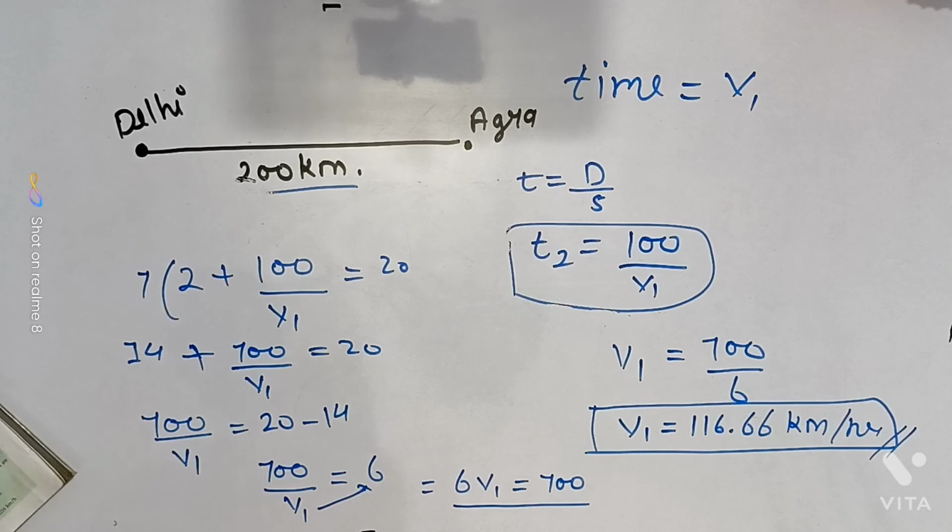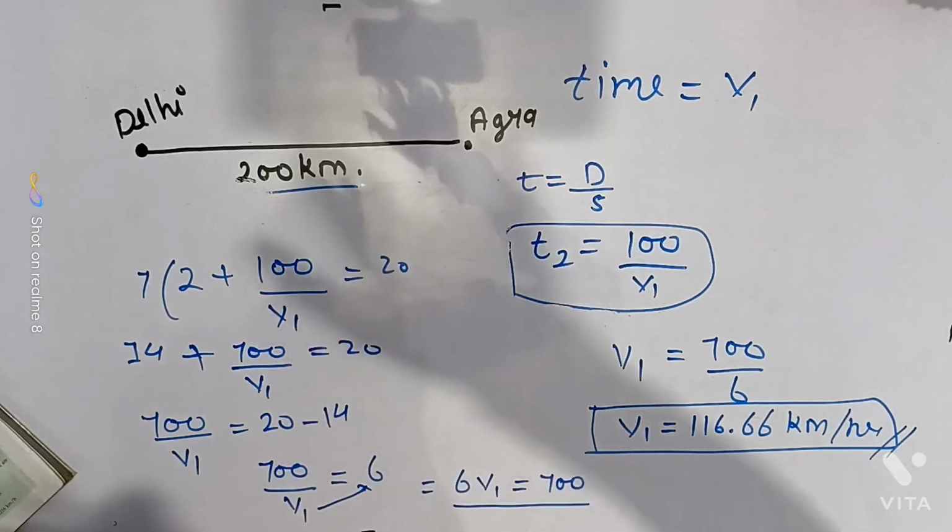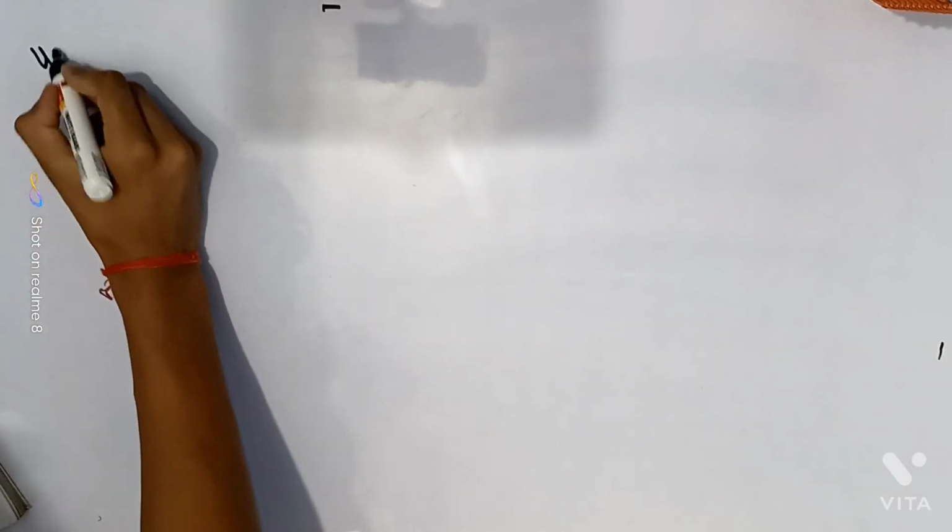So now let's go to the 40th numerical. So friends, the 40th numerical says a train travels the first 15 km at a uniform speed of 30 km per hour.